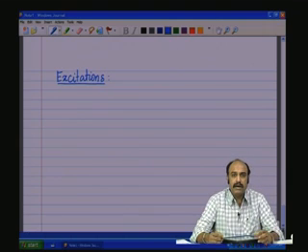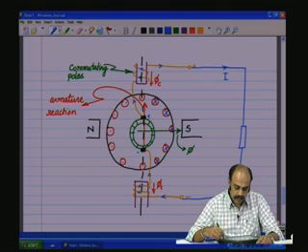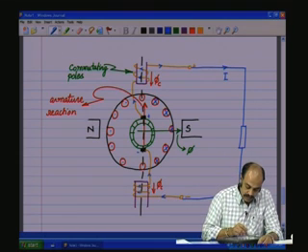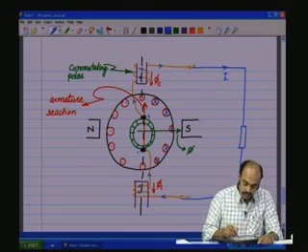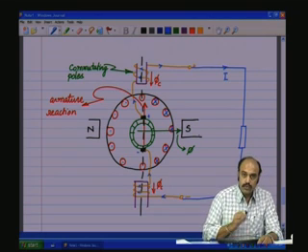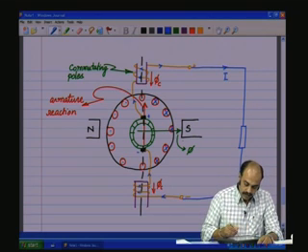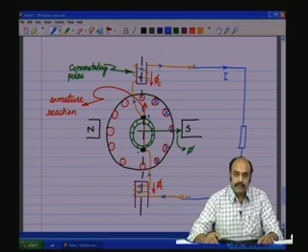Now, what does one mean by excitation? We saw the motor has the north pole, the south pole, these two as a pair, create a flux phi.